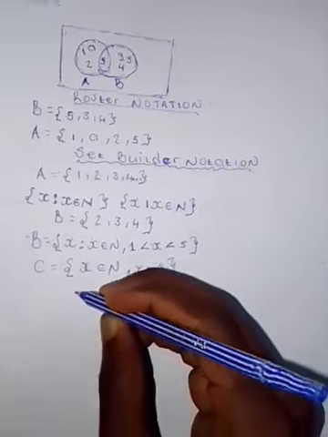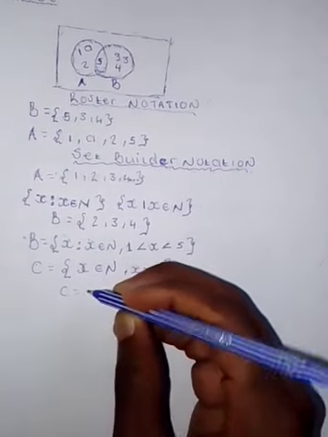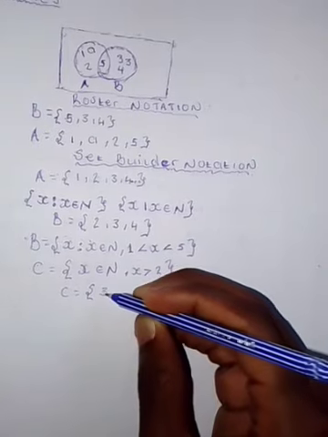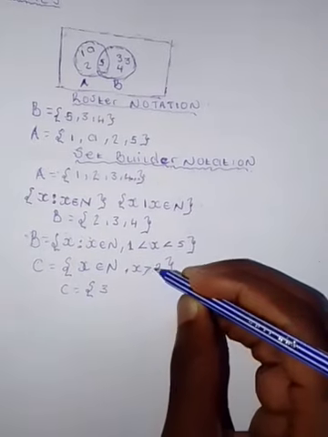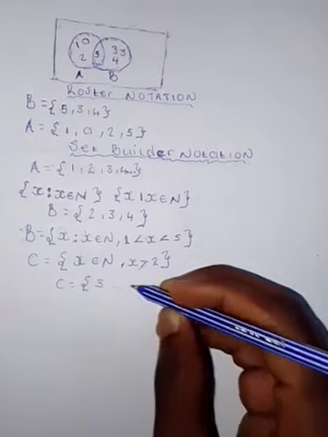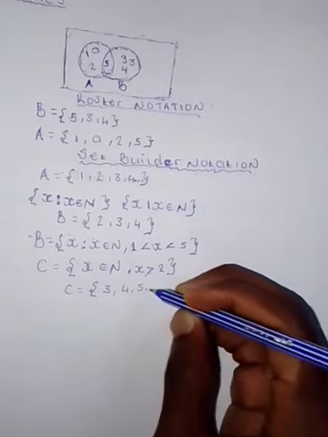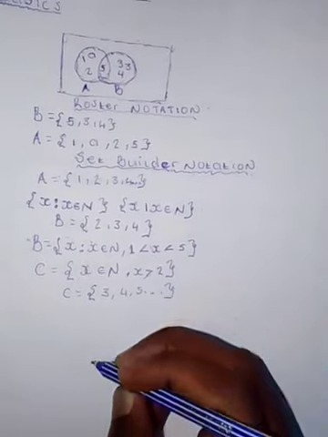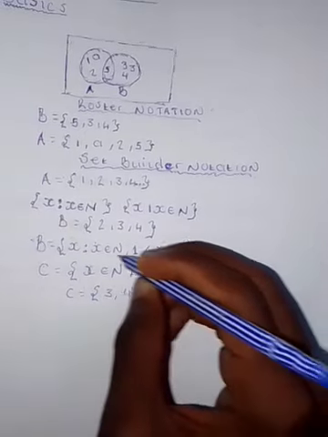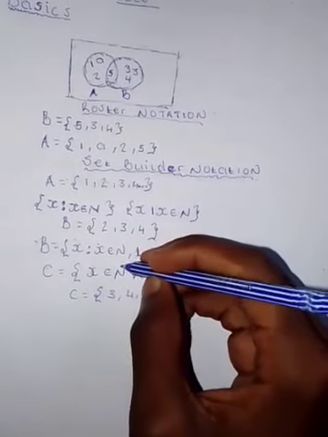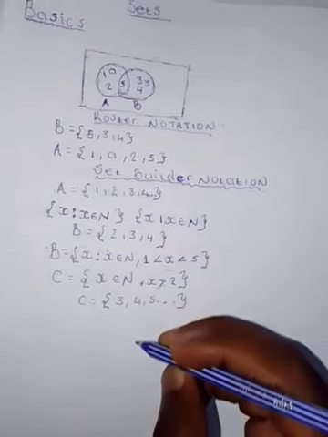So the set is looking like this, starting from 3. If there was an equal sign here, it would have started from 2. So it is 3, 4, 5, and so on to infinity. Sometimes it can also be written like this. Maybe it can't be a natural number, maybe it can be a real number.